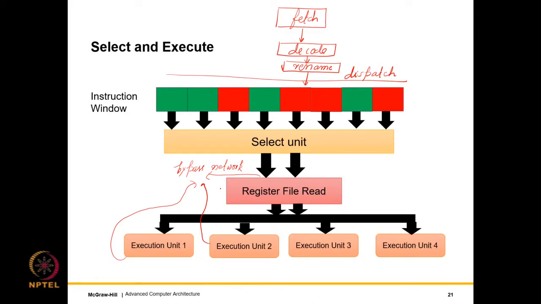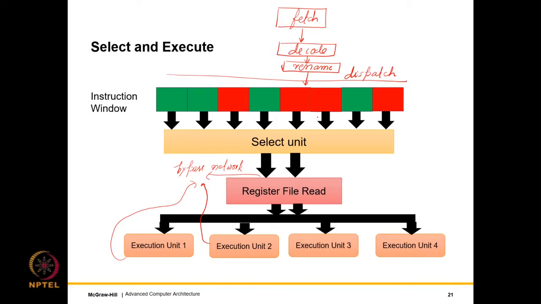So I'll just show the animation once again. They get selected, right? So at this point, structural hazards can happen. It's an out-of-order pipeline, so definitely structural hazards can happen. So as I said, we could have only 2 adders out of these 4 execution units, and all the 4 green instructions shown over here may be add instructions.